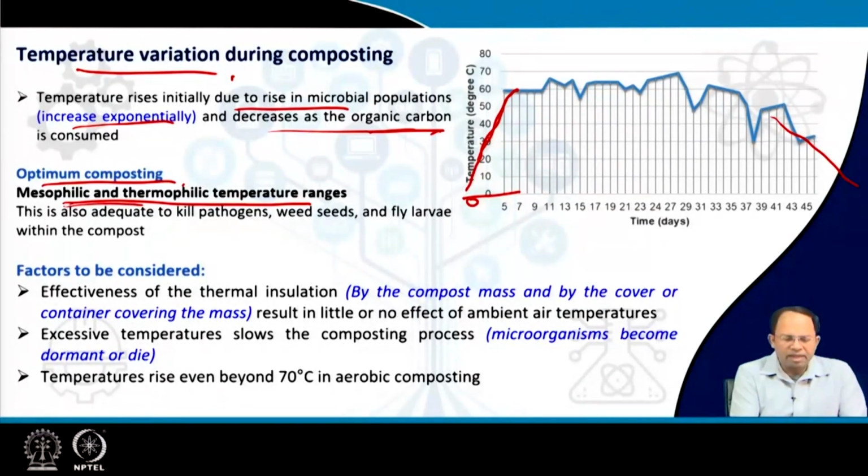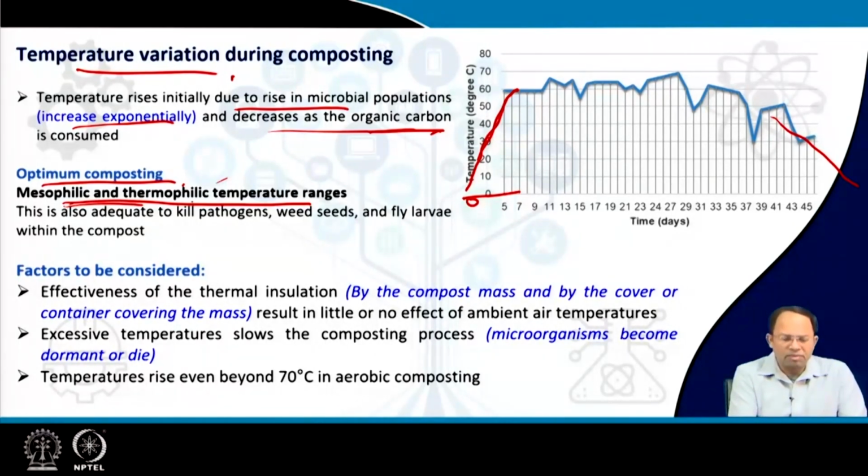These temperature ranges refer to different bands of temperature, and in these different bands, different kinds of microorganisms act upon the compost. One group of organisms acts in the initial period and can reach a very high temperature. Then the second group acts when the temperature is lower.